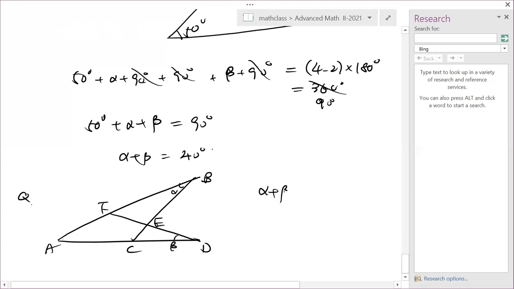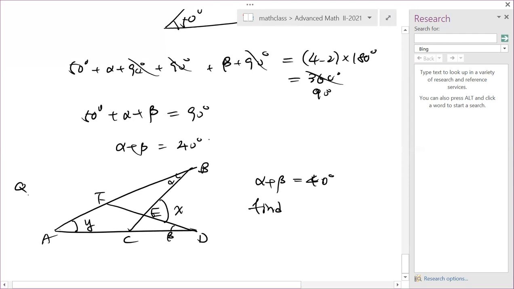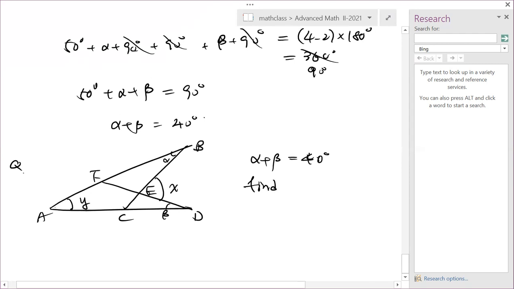So I know alpha plus beta is going to be 40 degrees. Can we determine the angle BED? This is the angle I call X, that triangle I call Y. So find X minus Y.